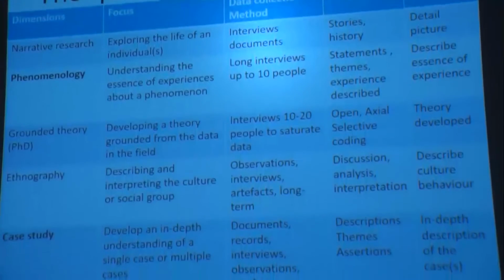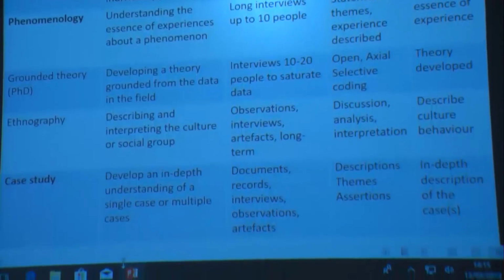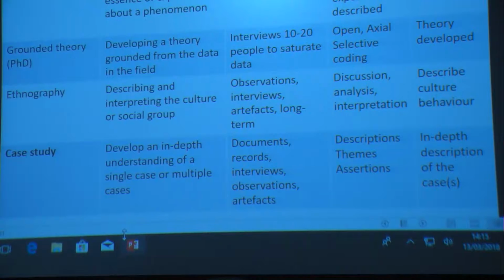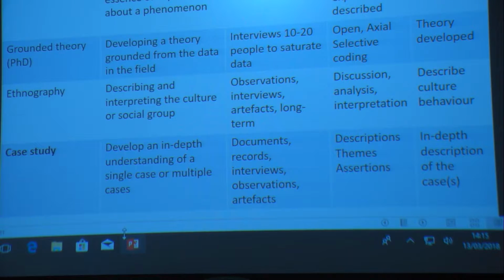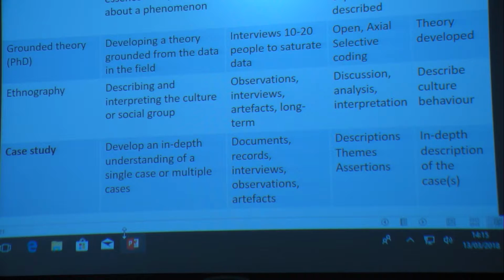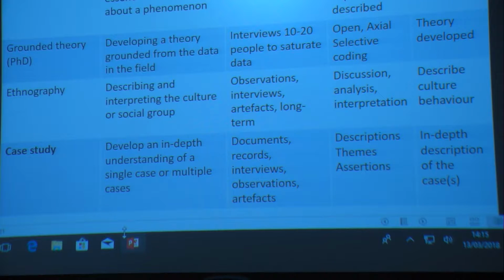Then ethnographic is the next type of research. Ethnographic research focuses on describing and interpreting the culture of a particular group of people or a social group and their social interactions.